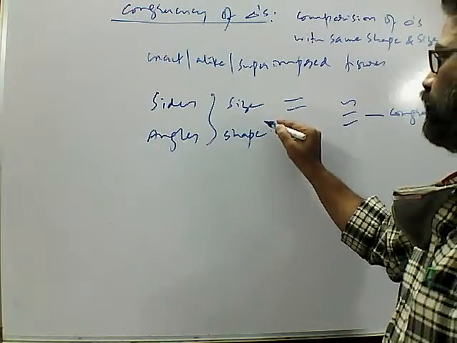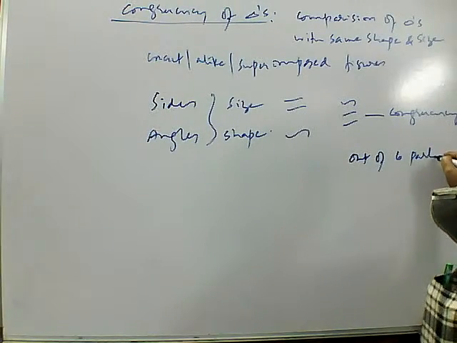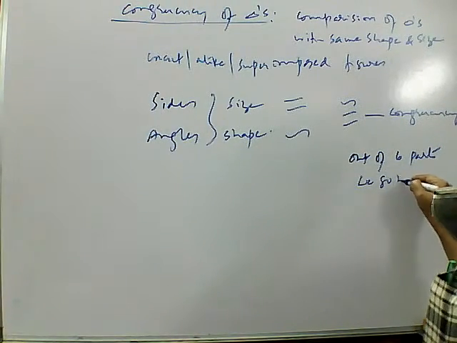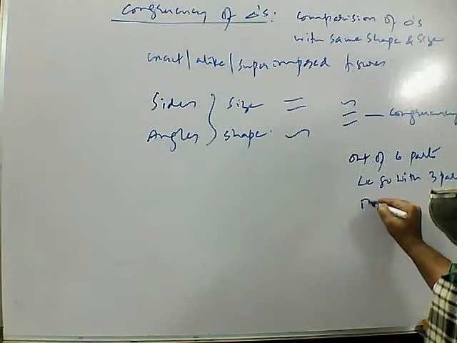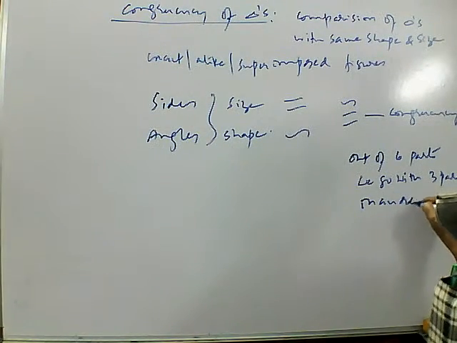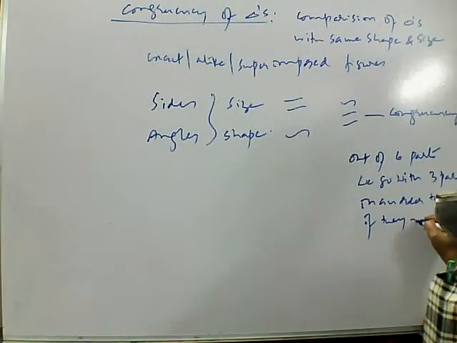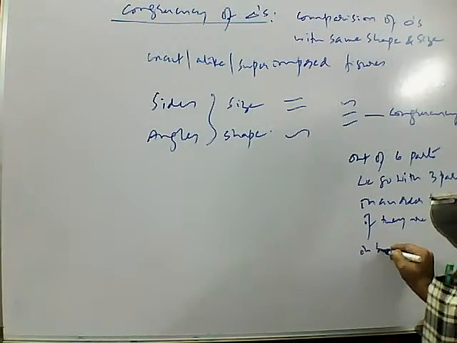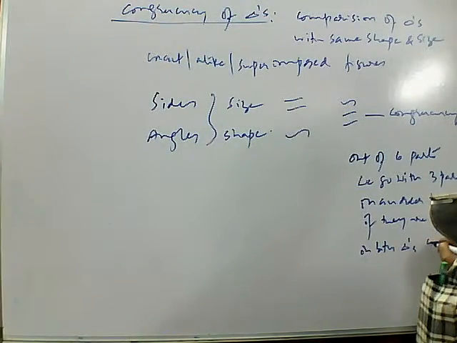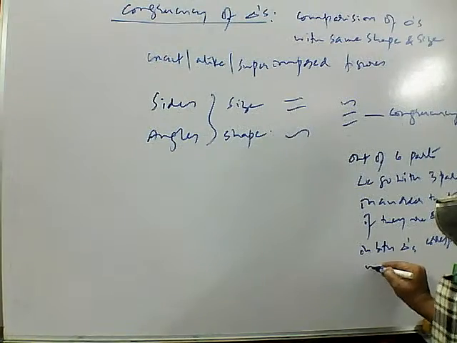So out of 6 parts, 3 sides and 3 angles, we go with 3 parts in an order, that if they are equal in both triangles correspondingly, we choose like that, okay?